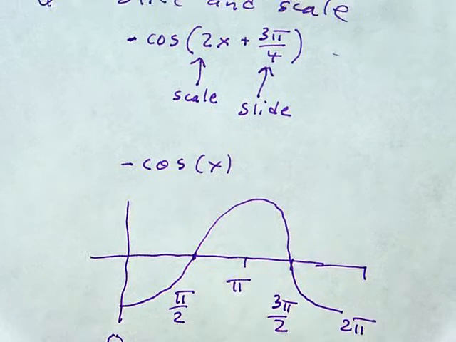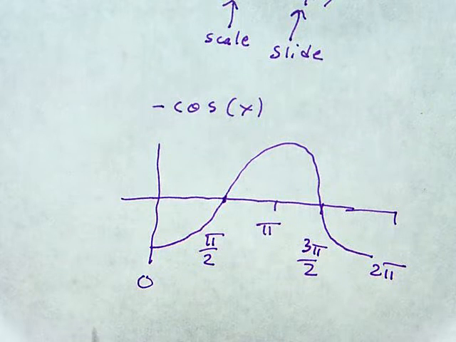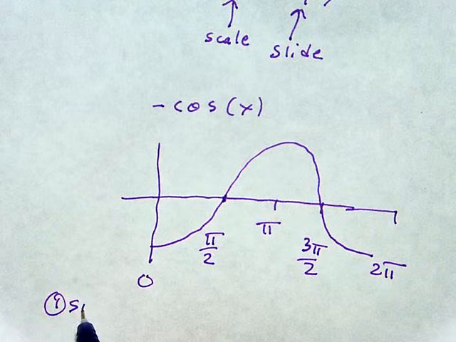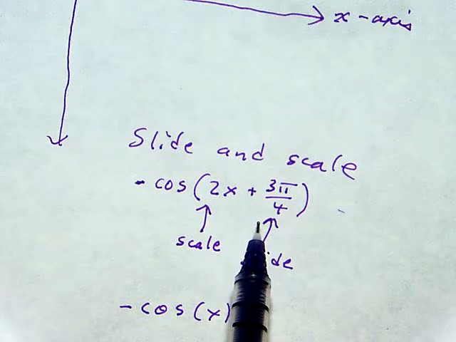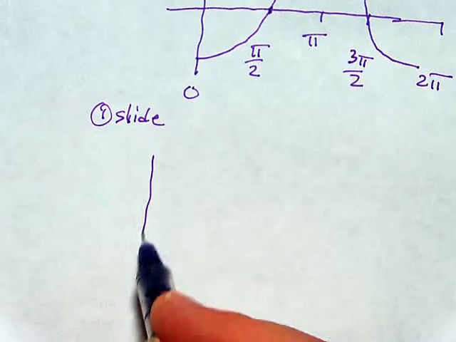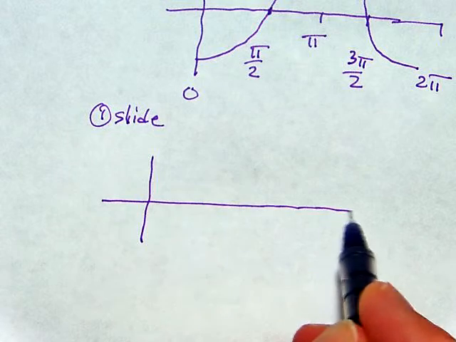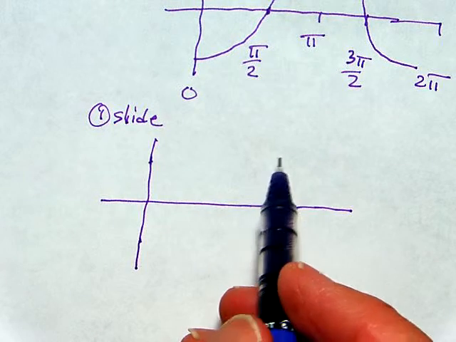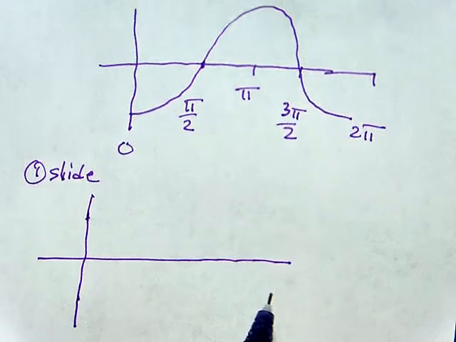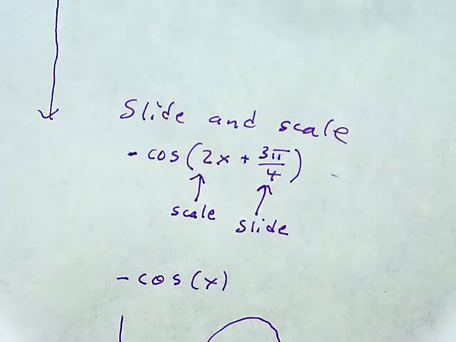Okay, so we start with the very same curve, but the first thing we do is slide. Because this is a plus, we're going to slide to the left again. So that does not change. Now we're going to slide this curve to the left by 3/4 pi.